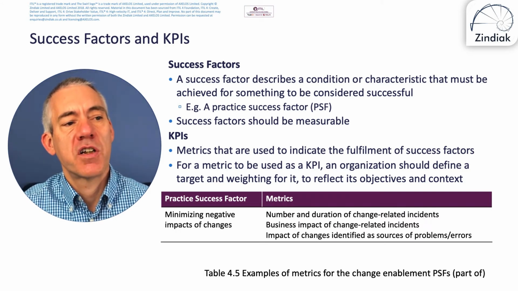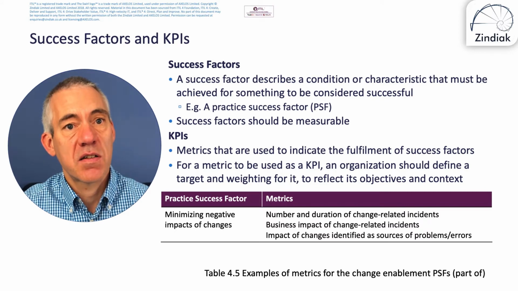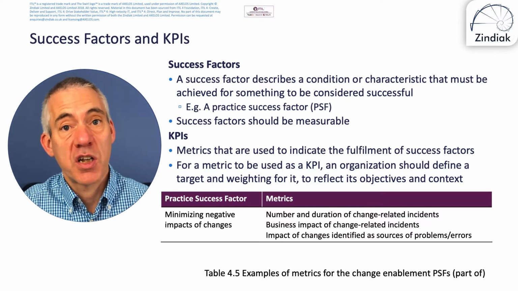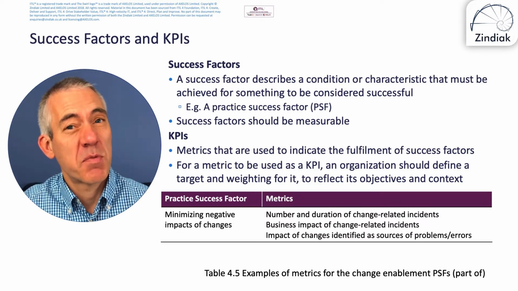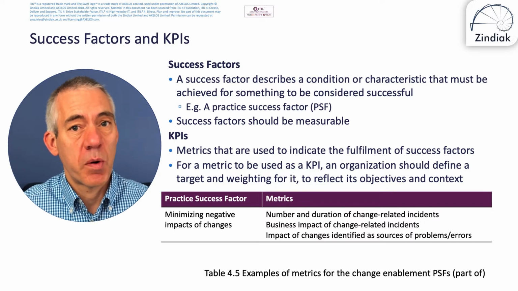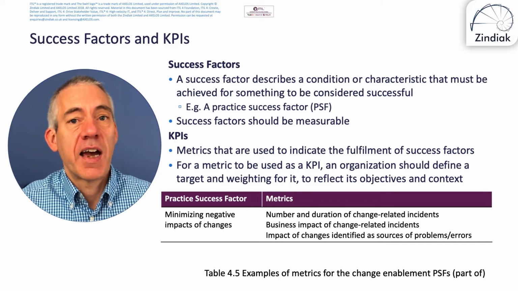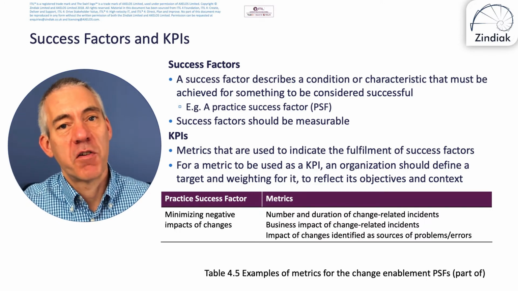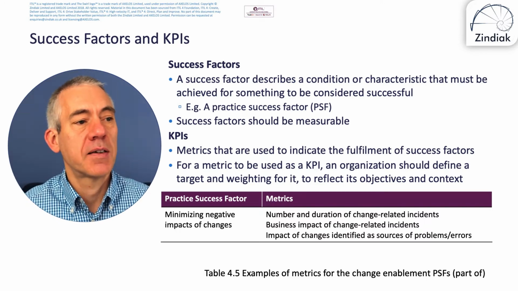Number and duration of change-related incidents, and business impact of change-related incidents, which could be measured in time, perhaps often money. I've said before, when we look for a common metric, a common measure, then we often go for percentage or money, so that one might be money.